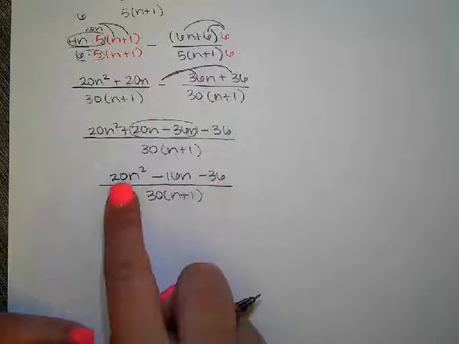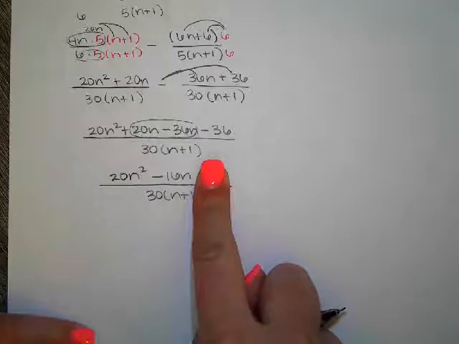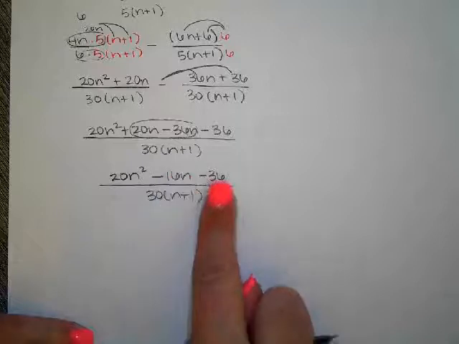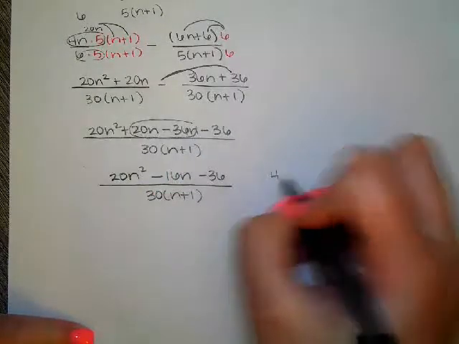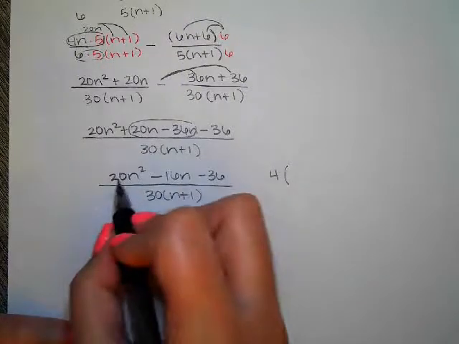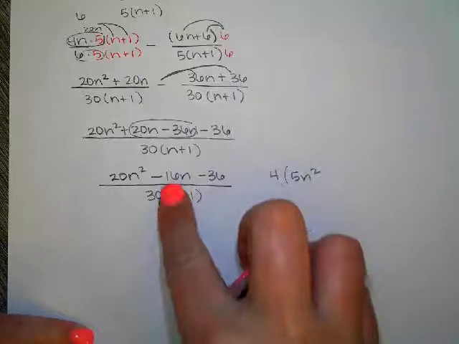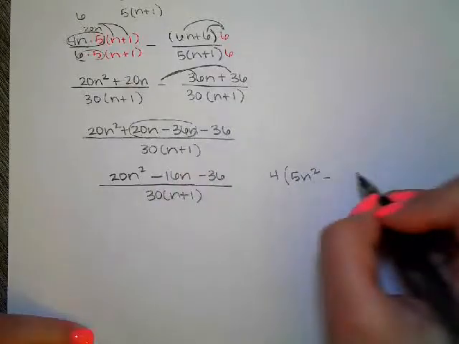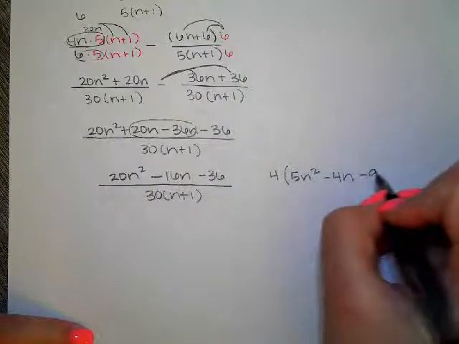I can see it most clearly between 20 and 16, but between 20, 16, and 36, I actually have a GCF of 4. So 20 divided by 4 is 5. 16 divided by 4 is 4. And 36 divided by 4 is 9.